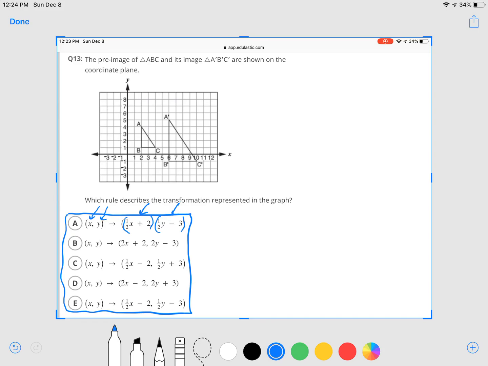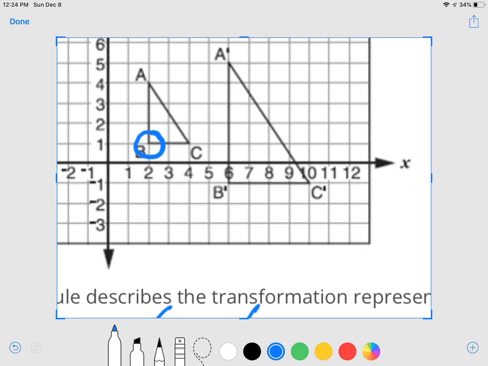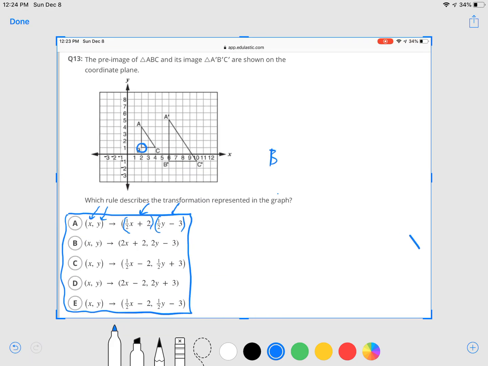So what we're going to do is choose a point, B, and look at its coordinates. What are its coordinates? It's 2, 1. So B's current coordinates are 2, 1 before the transformation.